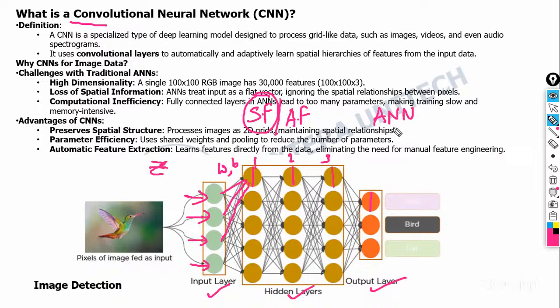We understood forward propagation, backward propagation, gradient descent, an optimization algorithm, and the types of gradient descent were also discussed. Activation functions were also discussed. Each and every basic topic has been discussed, right? So the fundamentals are very important. If you are strong on the fundamentals, you can understand any kind of concept.